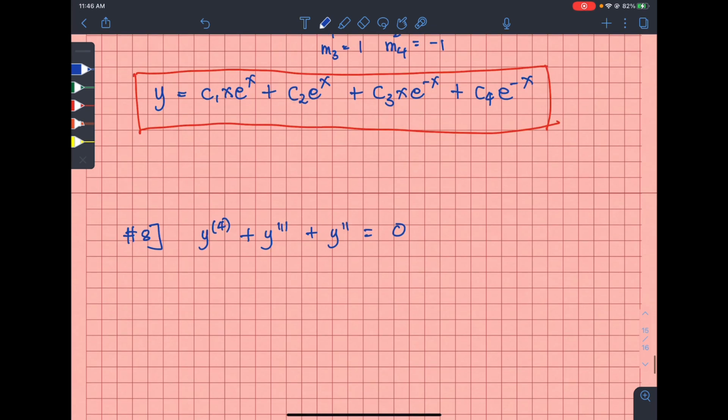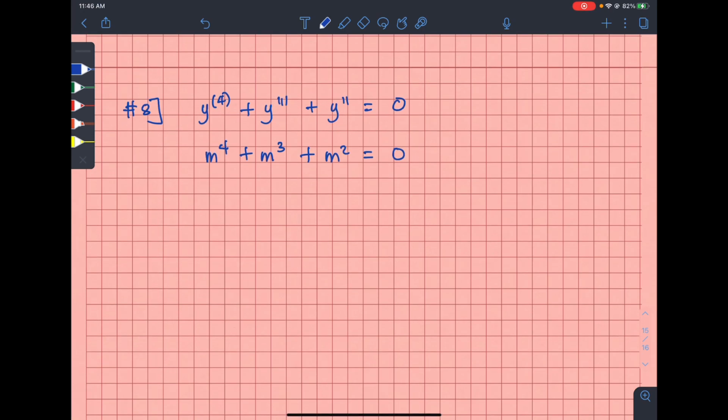So this would be m to the fourth plus m cubed plus m squared is equals to 0. So m squared is factorable. I have m squared times m squared plus m plus 1 is equals to 0.